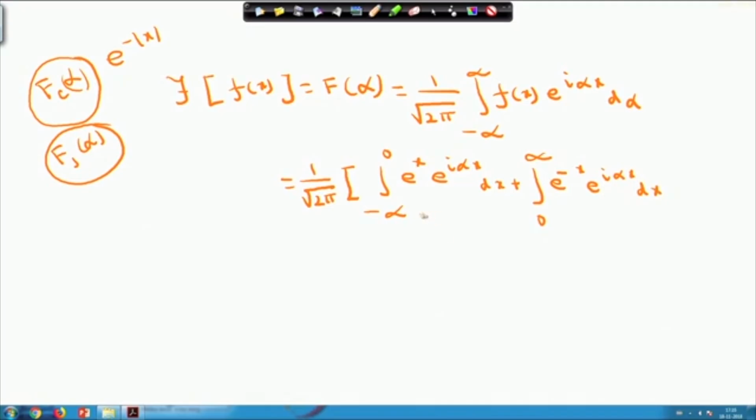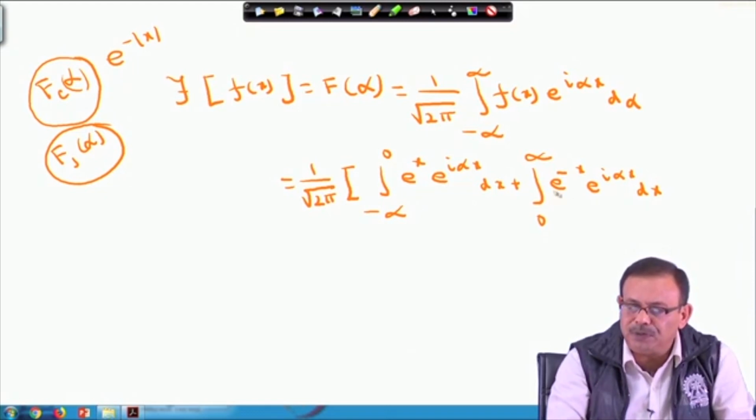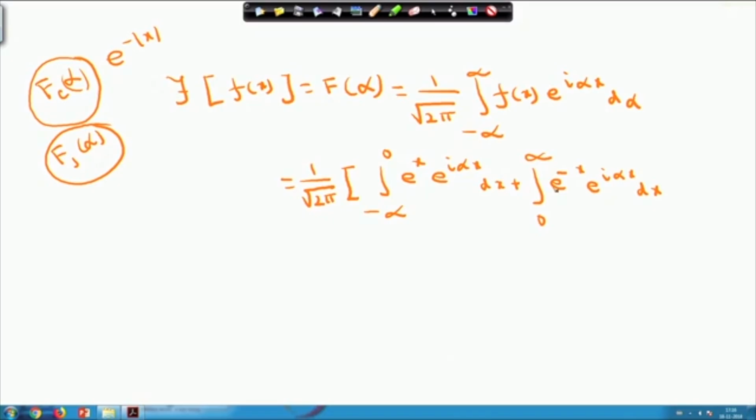So, please note here that since my function is e power minus mod x, I have broken it into minus infinity to 0 and 0 to infinity. In minus infinity to 0, the value is e power x, and in 0 to infinity it is e power minus x. Now, I have to evaluate this integral.